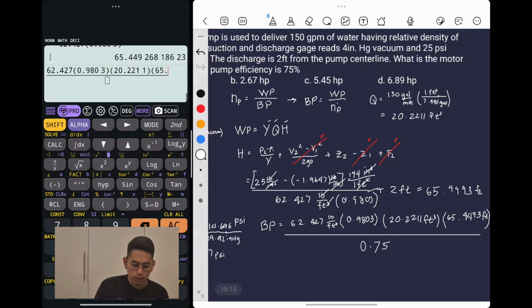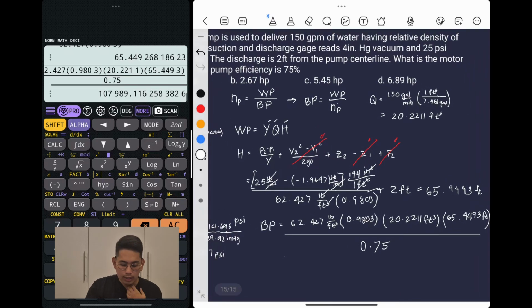So ang lalabas dyan is 107,989. Pero pwede naman natin siya dire-diretso na divide sa 33,000.